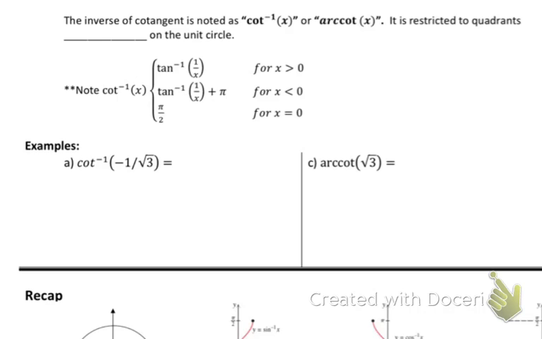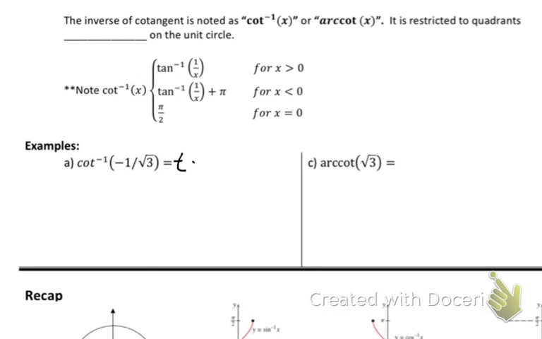All right, cotangent inverse of -1 over square root of 3. It is a negative value, so if x is less than 0, we have to use this middle one, tan inverse of 1 over x plus pi, and we'll look at why we have to add pi to it. Let's set it up like it says up there.